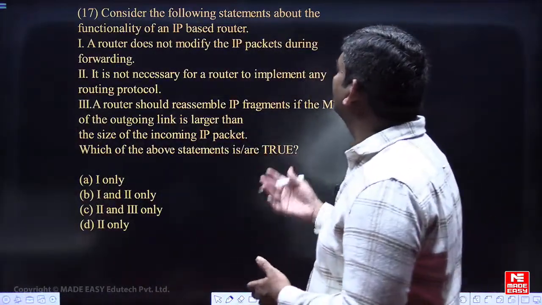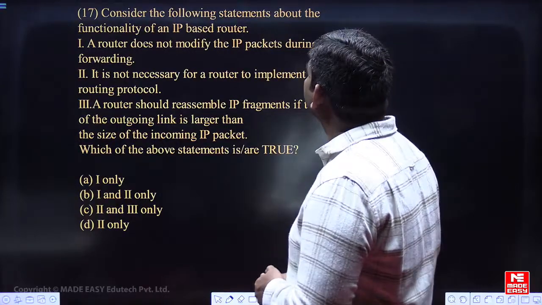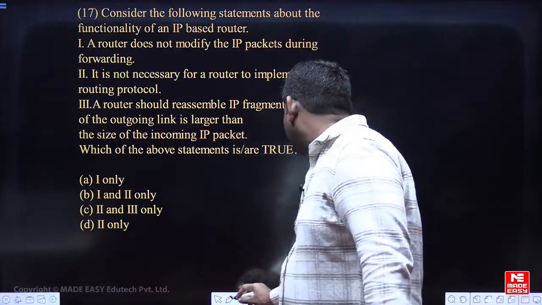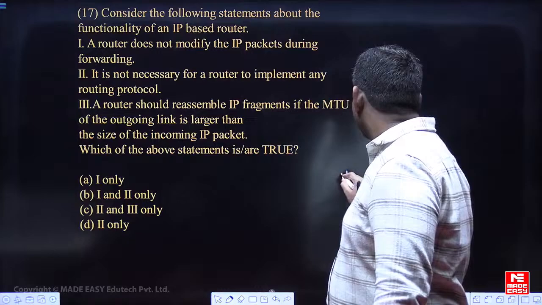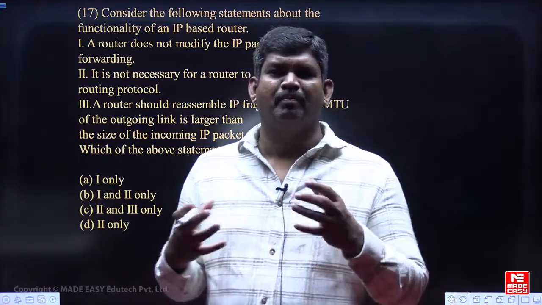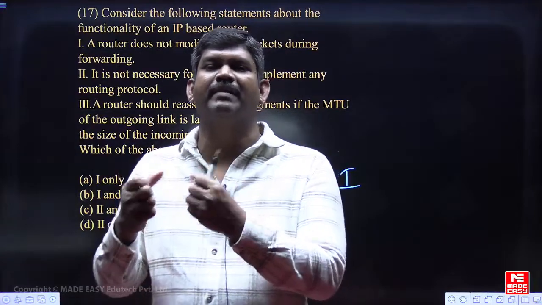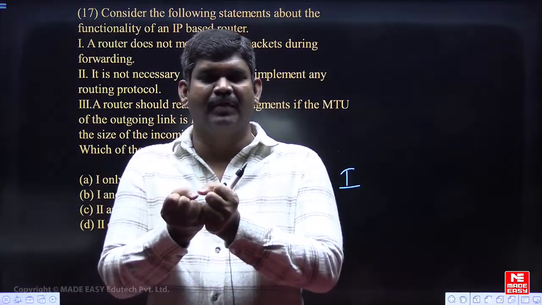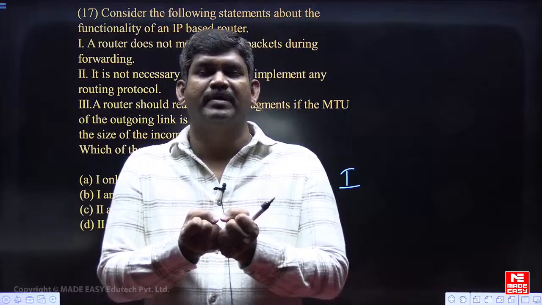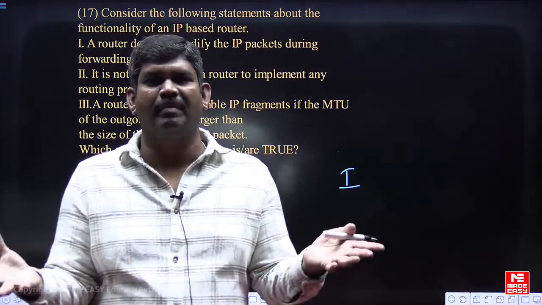You can see the first one: a router doesn't modify the IP packets during forwarding. If you observe, the actual message you transmit is divided into segments and then packets. After passing via the default router, the packets will be scattered, moving in different paths.